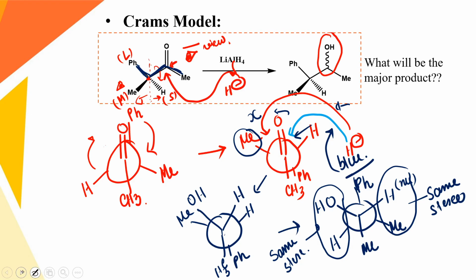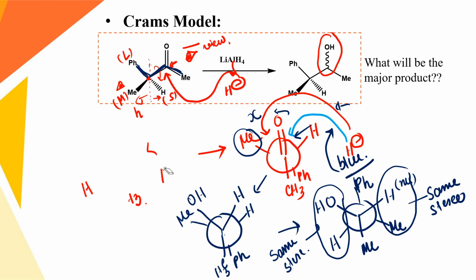That means now if we draw that particular compound, then we will find that Ph, this is our backbone, that Ph, Me.